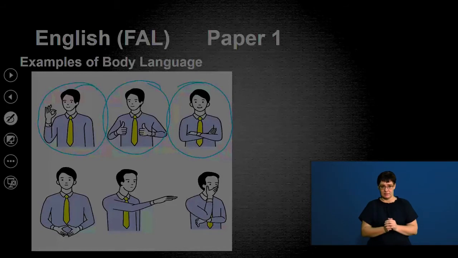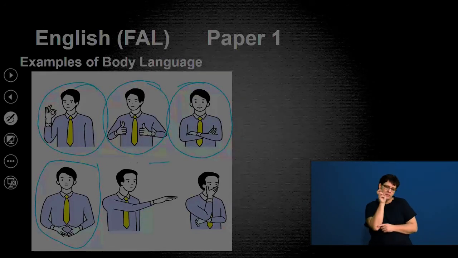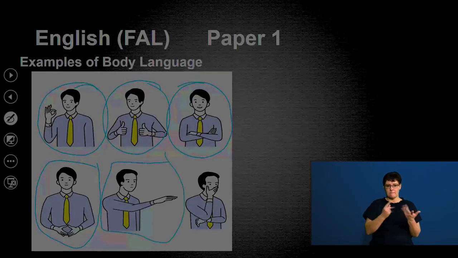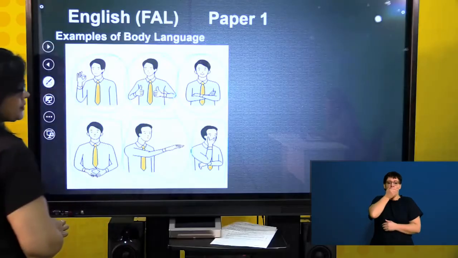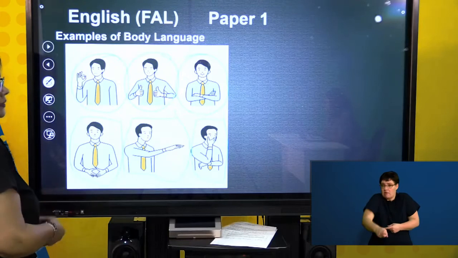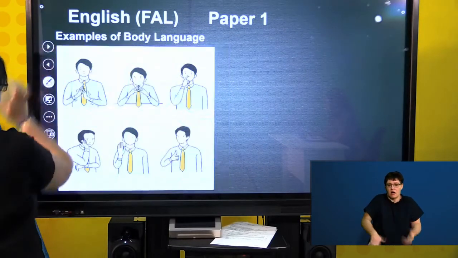Then we have this. This could mean that the person is actually absorbing what is being said. Here, he could be reaching out to touch someone, and this could be disbelief. The person could not understand or could be mesmerized by what you're saying and could not believe what you're actually saying.